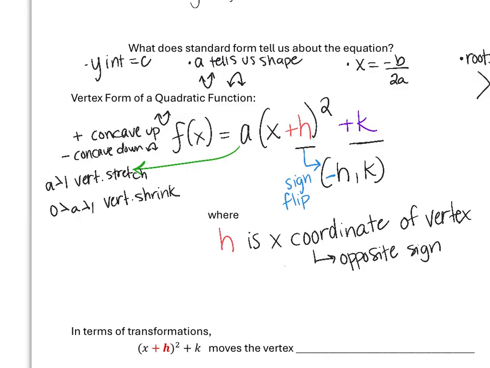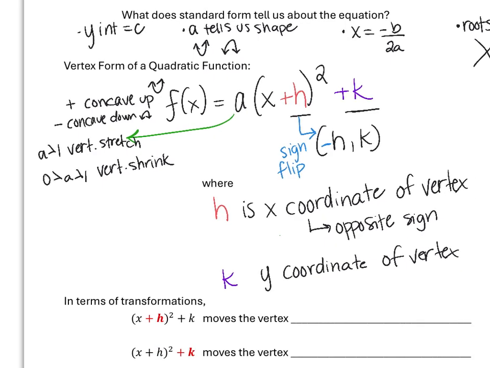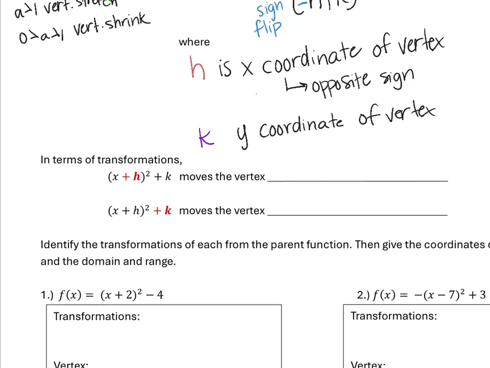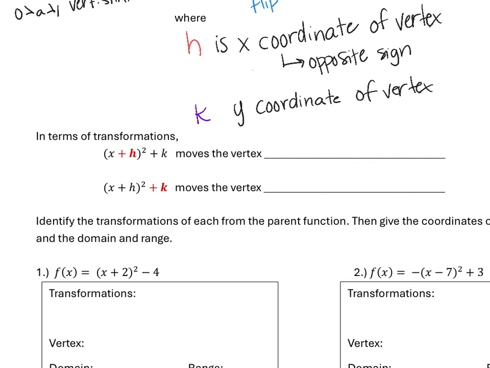So the h will have the opposite sign of how it's written, and that will be the x-coordinate of our vertex. So then k is the y-coordinate of our vertex. So in vertex form, we can see the max or min value of our parabola just by looking. We don't have to plug in negative b over 2a, figure out x, plug it back into the equation. We can just literally look at it and say, okay, I know what my vertex is.